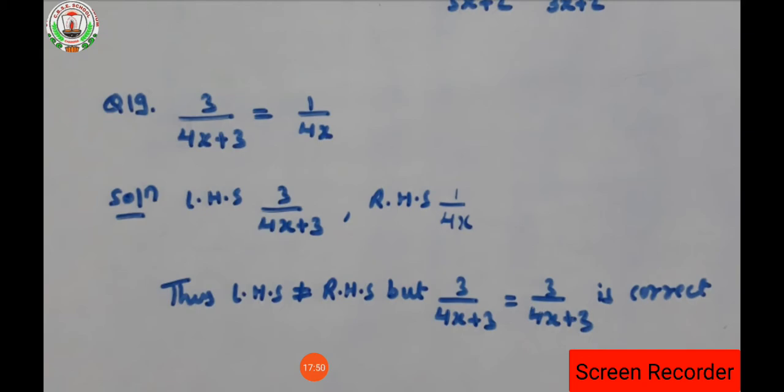Now both sides, LHS and RHS, we can't proceed further, it will not solve further. Thus LHS is not equals to RHS, but what is the correct statement in this? The correct statement will be 3 upon 4x plus 3 is equals to 3 upon 4x plus 3. And what is the error in this question? The error is 1 upon 4x.